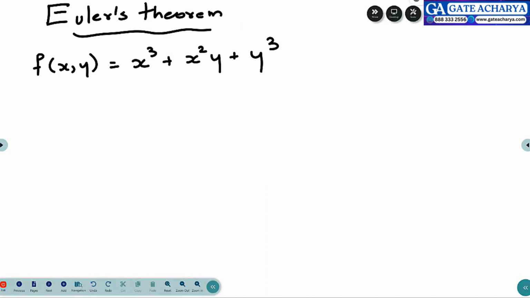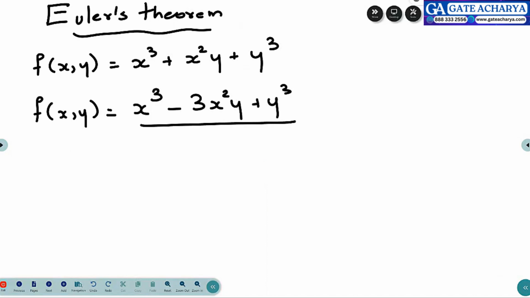Another way. Now tell me, is this homogeneous or not?